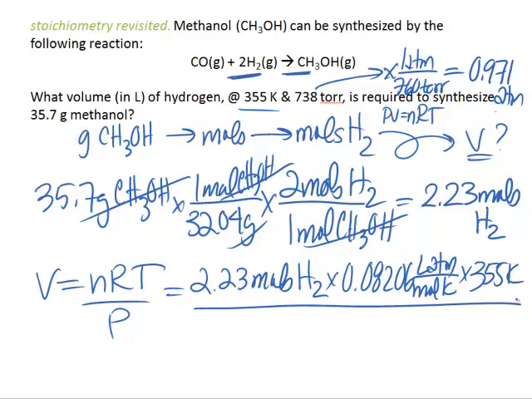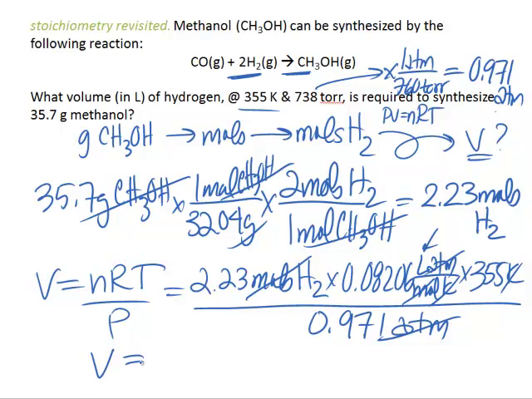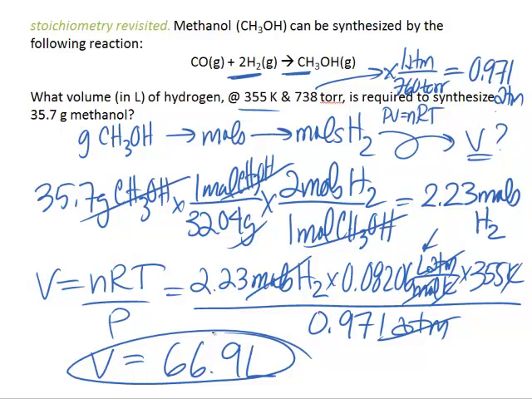Take all that and divide it by our pressure, which is 0.971 atmospheres. Atmospheres cancel out, moles cancel out, Kelvin cancel out, and we're left with liters. That's a good thing. If you throw this into your calculator, multiply everything on top, divide it by 0.971, we get 66.9 liters.